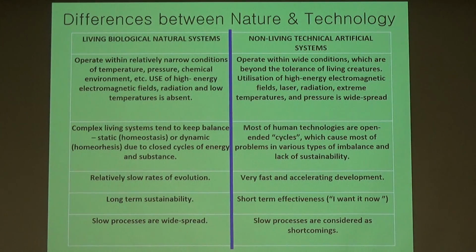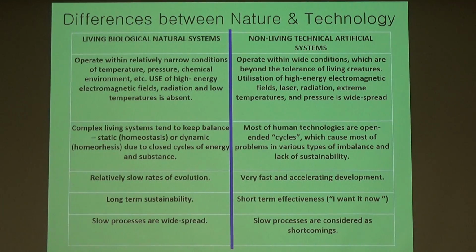We want to try and use those kinds of ways of developing technology, trying to apply those to human technology. So try and use less high radiation and high temperatures, for example, in our technical systems, our artificial systems. So living systems keep a very good balance, they have a very good homeostatic control.